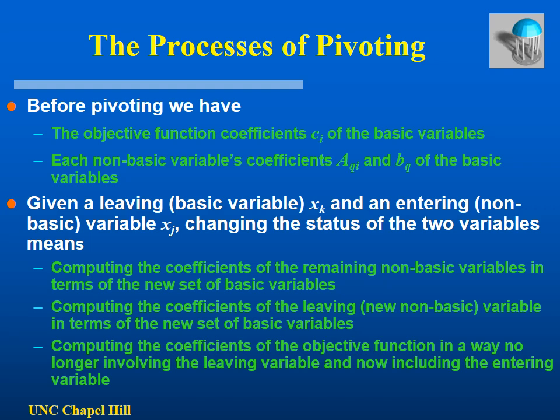Once we have chosen a leaving basic variable from among the basic set, and that variable is x sub k, and we find, in a way we'll describe later, the associated most constraining non-basic variable, x sub j, we'll need to change the status of x sub k and x sub j.